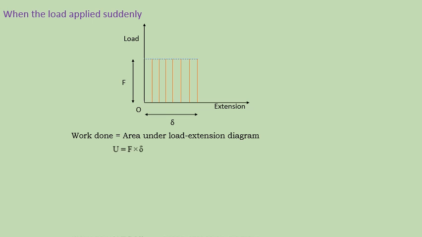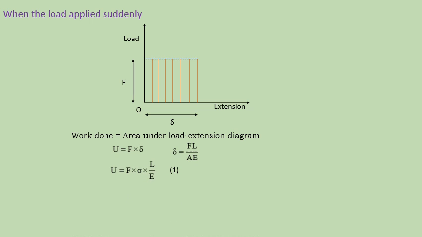So work done is represented by U is equal to the area of this one, which is length into breadth. So length is F, whereas breadth is delta. So we know that extension delta can be written as FL by AE.